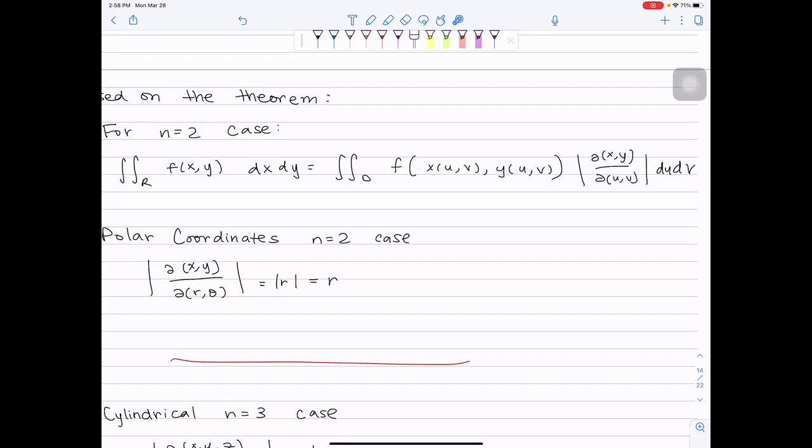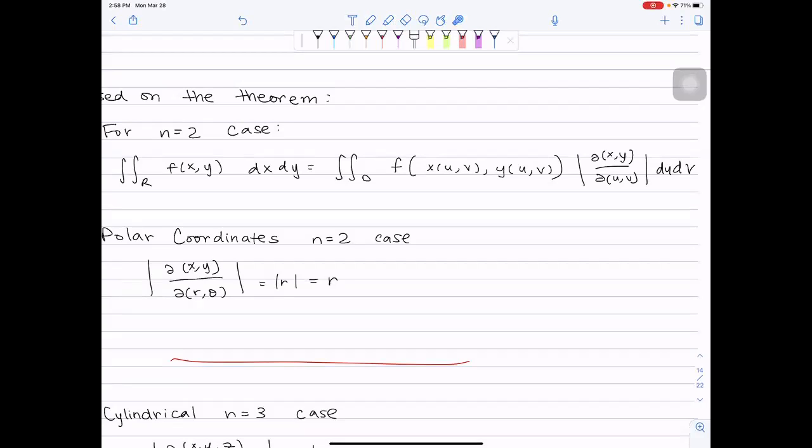So it's some function in terms of r and theta. And when we converted the dA part, what is dA? That's r dr d theta.